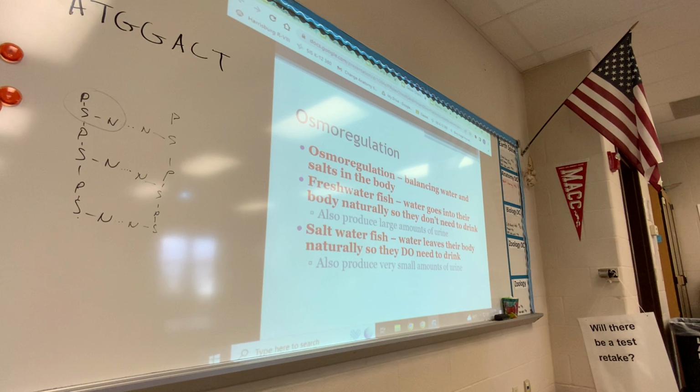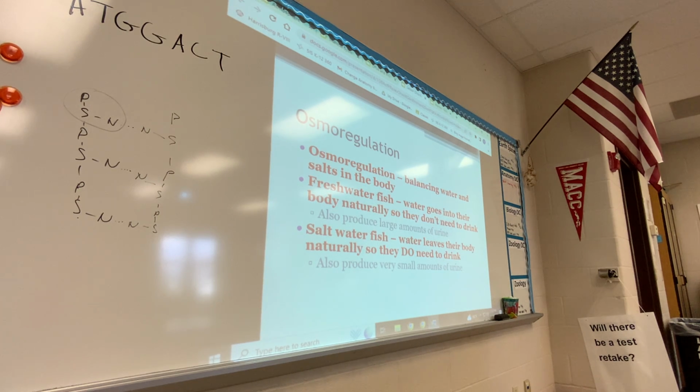But I'm sure you've all heard that you shouldn't drink seawater, right? Or if you are outside on a hot day, soda is usually not the best thing for you to drink, right? Well, part of that is because of osmoregulation. If there is a high concentration of something like sugars or saltiness, then water tends to flow toward that high concentration.